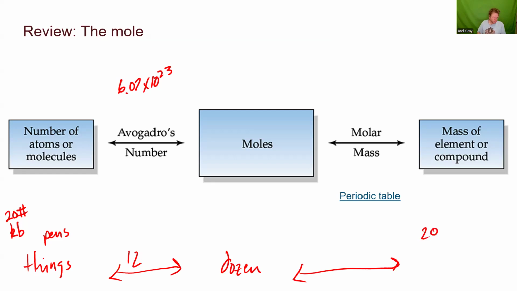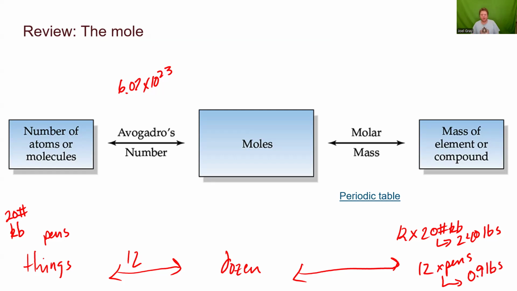Let me change that: 12 20-pound kettlebells. It's going to be 240 lbs. 12 pens, if I had to guess, might weigh, I'm going to call it 0.9 lbs. Less than a pound is what I would bet.